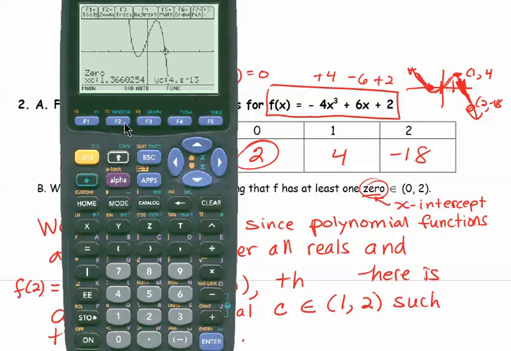And there's the 0 we were looking for between 1 and 2. Now notice here the y-coordinate doesn't really look like it's exactly 0, but this is as close as your calculator could come. So 4 times 10 to the -13th, close enough. We'll call that 0. So you can find the zeros using the F5 menu, and you have to always tell your calculator which 0 you're looking for by giving it a lower bound and an upper bound.